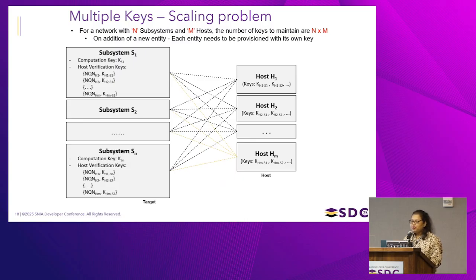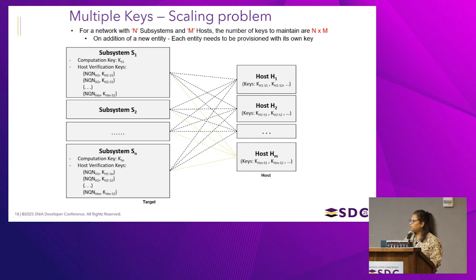If you have to onboard a new host, say H3, we must generate all these keys and provision all the subsystems with the new keys related to this new host.